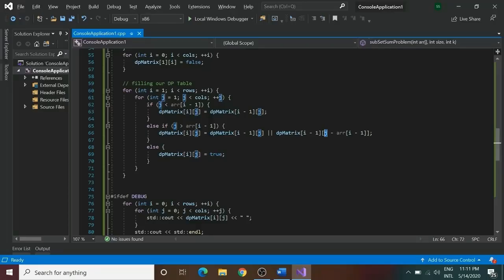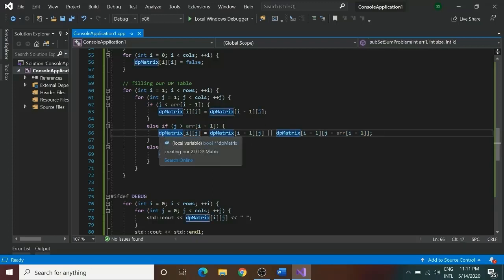So I would be subtracting the element present at the current index from the leftover sum. And then I would be asking, okay, just tell me whether in the remaining elements the leftover sum can be represented as any of the sum of the subsets or not. I would be ORing these both, and that would be my answer to the current node or the current subproblem.